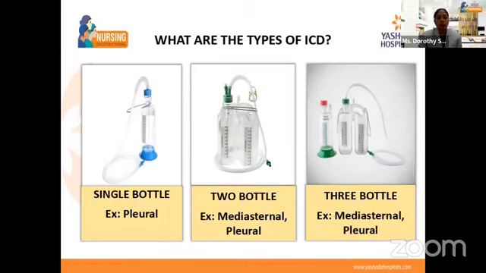And the 2 bottle and the 3 bottle drainage systems are used in conditions like mediastinal and pleural drainage, mostly seen in post-CABG cases. The additional third bottle is used when you want a controlled suction to remove the excessive amount of drainage. I hope I am clear until now.